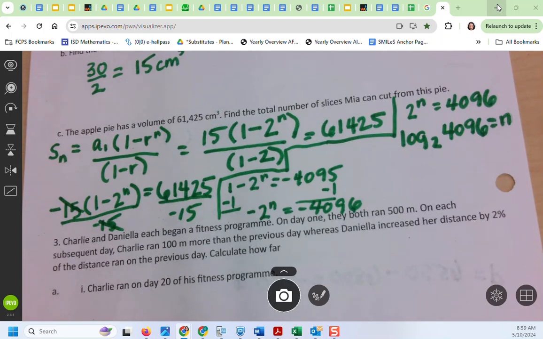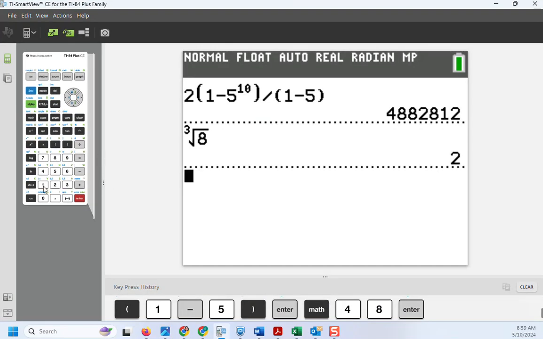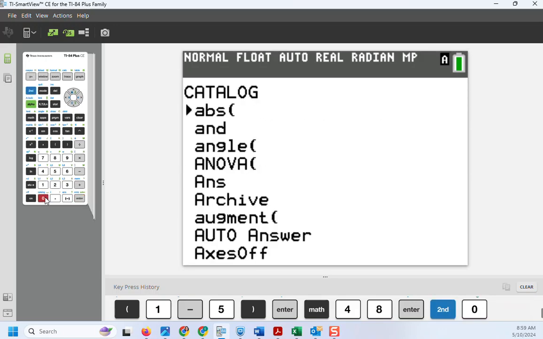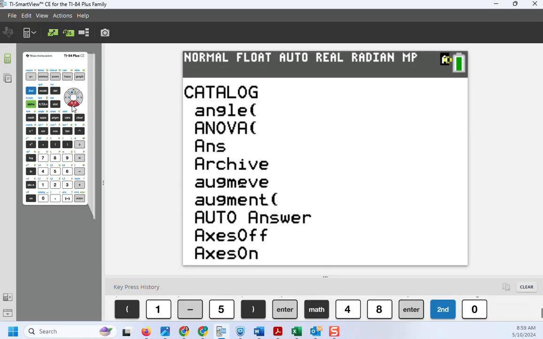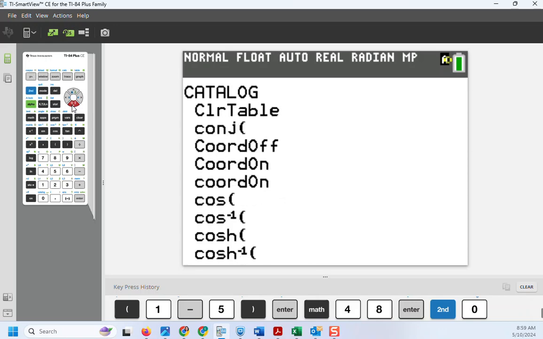Yep, okay. So on your TI, you can go to the catalog, which is above 0. So you press second, 0. And it's in alphabetical order, so you need to go all the way down to log base.